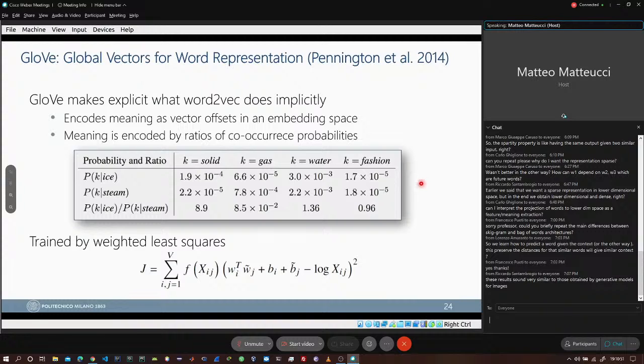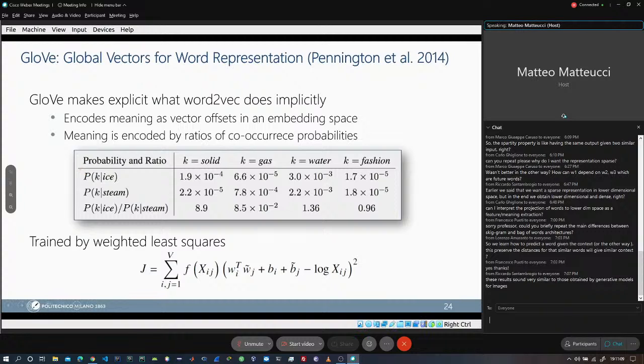So instead of doing this indirectly, it tries to embed two words in such a way that the distance between these two words encodes the a posteriori probability between them.